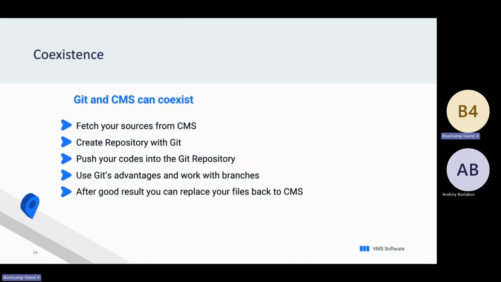I suppose you can fetch the last generation of your files and work on that. If you can keep all the history from the CMS, that's nice. And if you can automatically put all the history from the CMS into Git, it will be nice, but it's up to you.